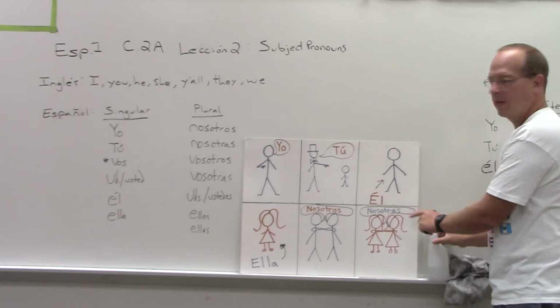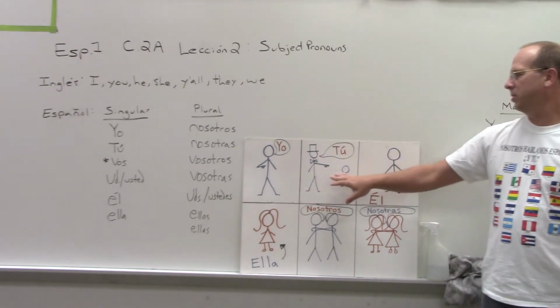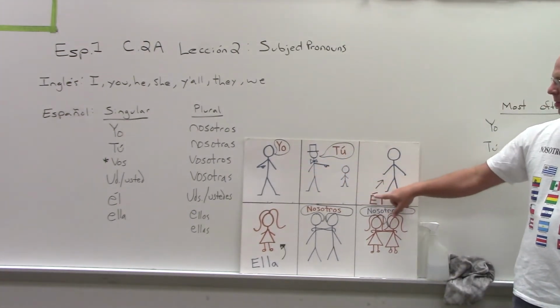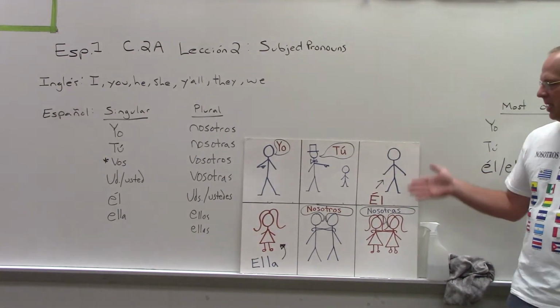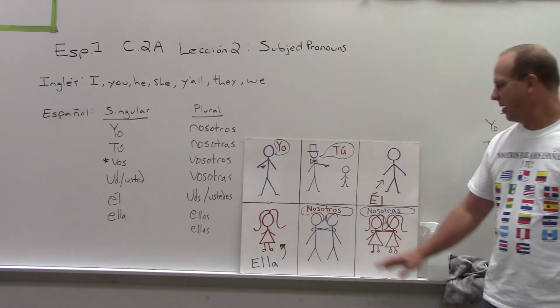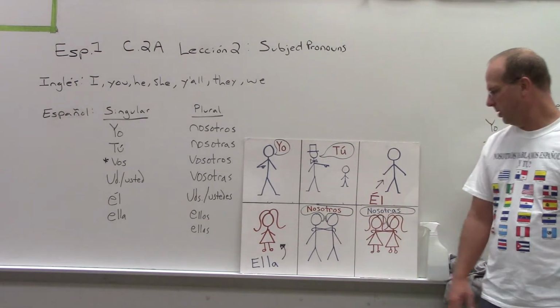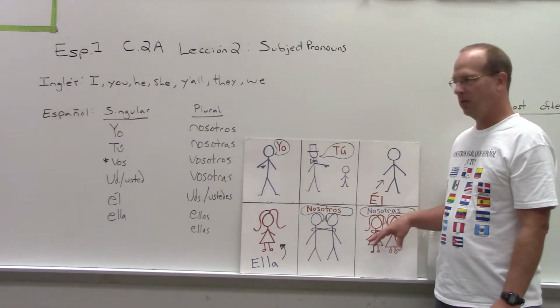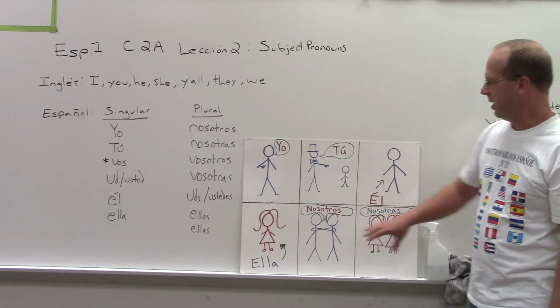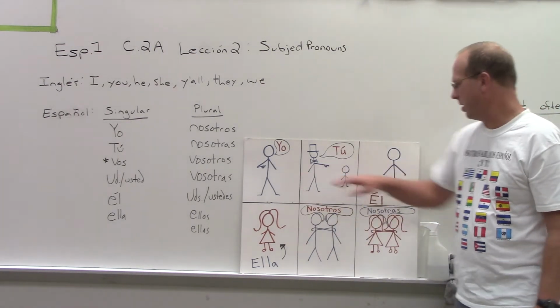You got it? Okay, so you have yo, tú, él, note the accent mark over the E. Alright, that's a guy, that's he. Ella, that's a girl. Then we have nosotros, one of these people is me. Nosotras, if I were a girl, I'd be one of them because nosotras is all girls. Okay? And here we have plural, here we have singular.